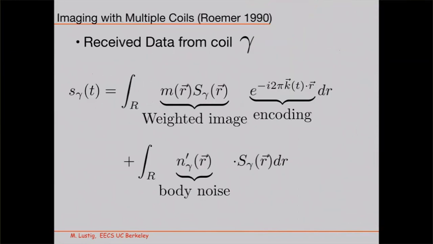Okay. So what happens when you image with multiple coils? This follows a very famous paper from Pete Romer from 1990, the NMR phased array, and I highly recommend reading this paper. It's really a classic. It's one of the fundamental papers in the field of MR, and it deals with imaging with multiple channels.